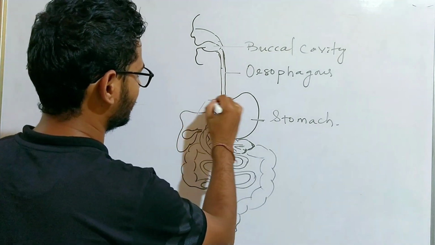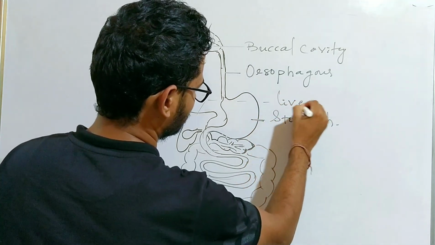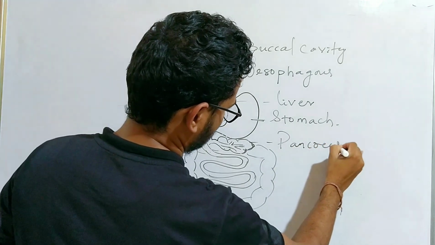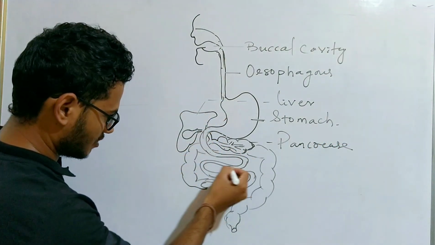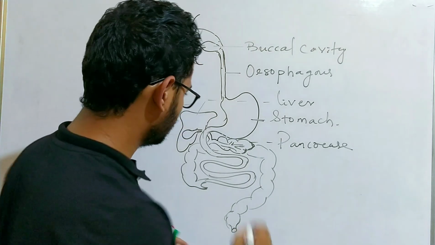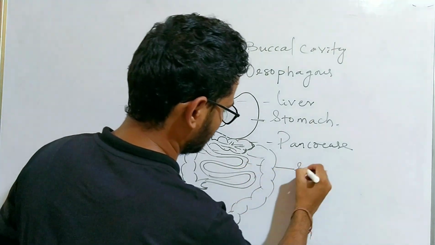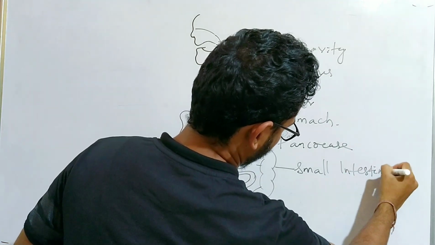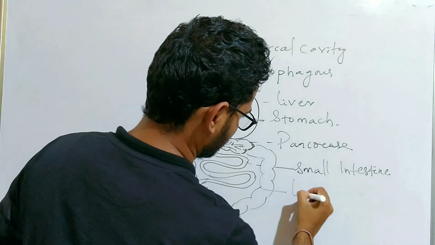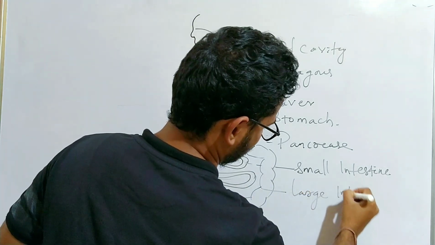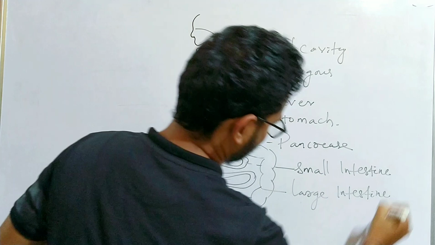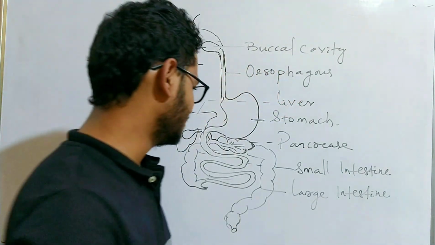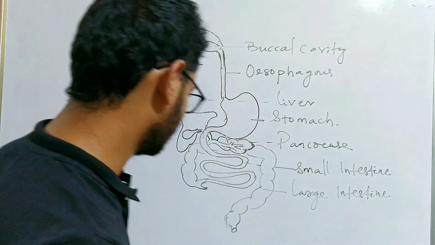This one is the liver and this one is pancreas. This narrow coiled tube is our small intestine, and this one is our large intestine. The large intestine is called large not because of its length but because of its width.